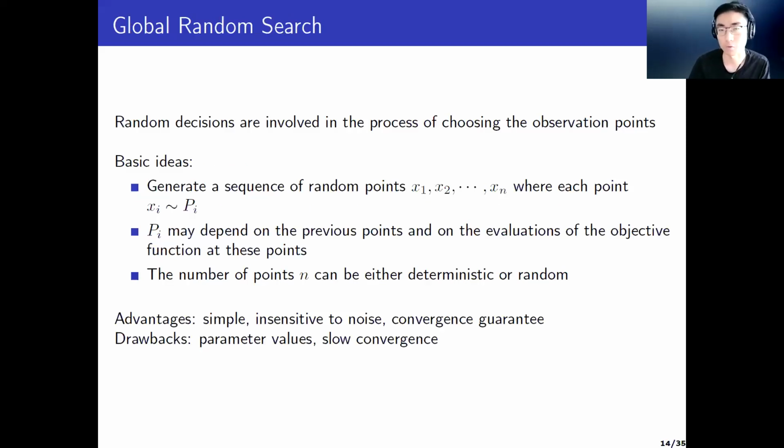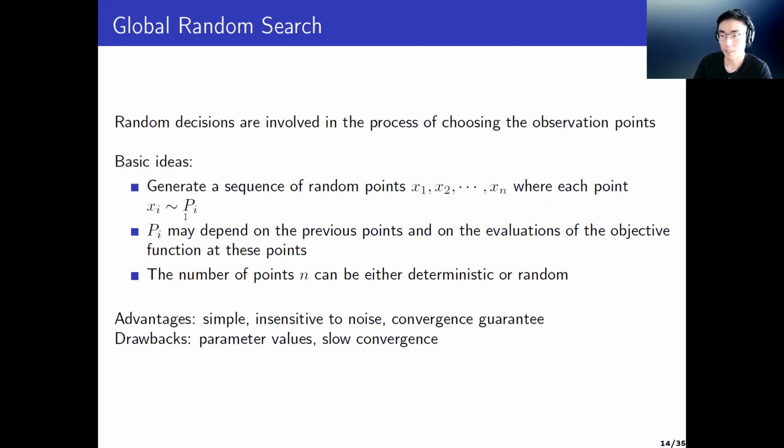Global random search algorithms are global optimization methods where random decisions are involved in the process of choosing the observation points. Next, we discuss the basic ideas of global random search. We generate a sequence of random points where each point xi follows some probability distribution pi.